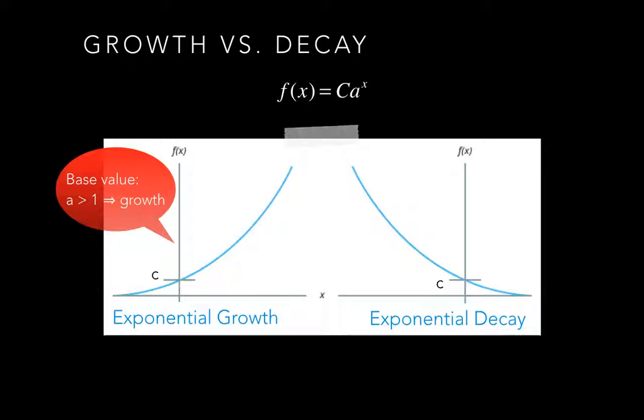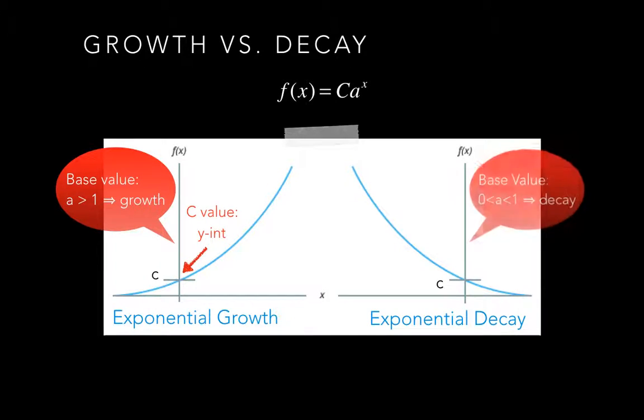The a value for a growth function has to be greater than 1. And our C value is, as you can see, where it has crossed the y-axis. It is our y-intercept. Similarly, for the decay model, our a value is going to be between 0 and 1, some kind of rational, fractional number.